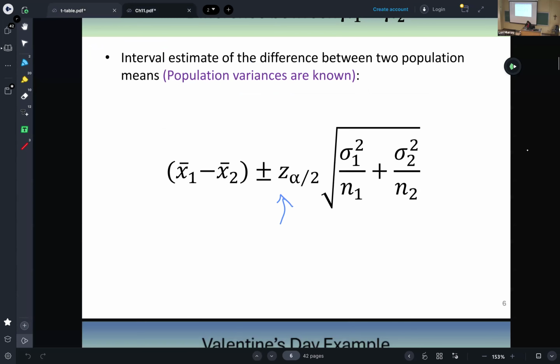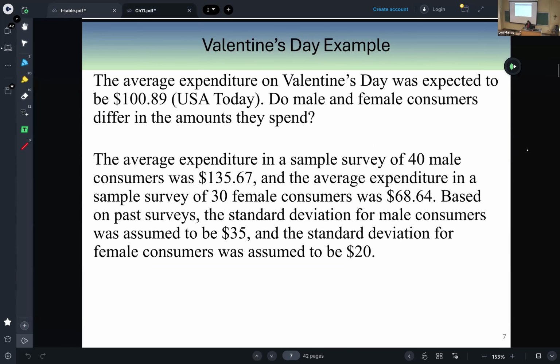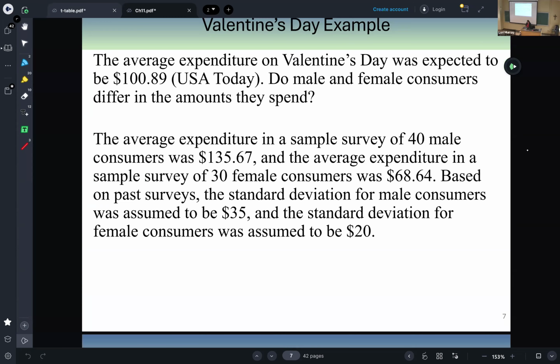Let's keep going though. We have Valentine's Day coming up. So here's an example, we want to know, do male and female consumers differ in the amounts they spend? A lot of time they do comparisons on this with business examples. They want to know how much money each, by gender.